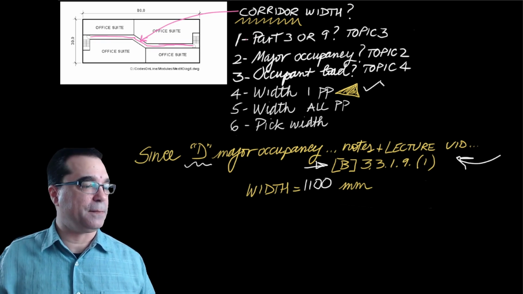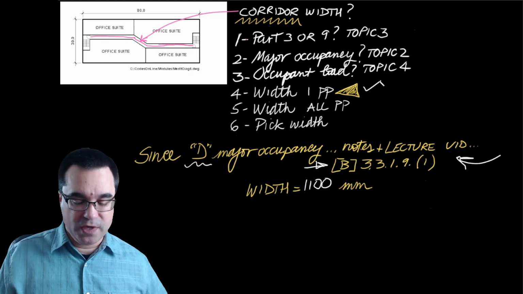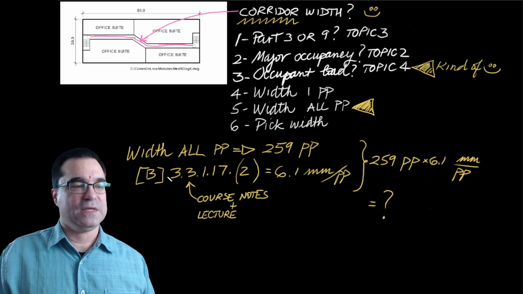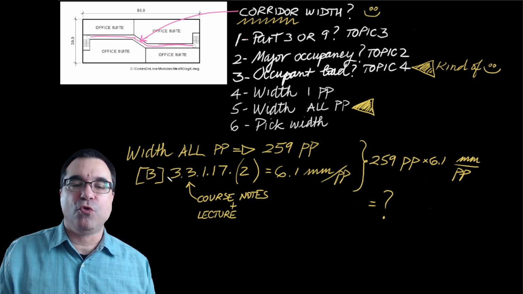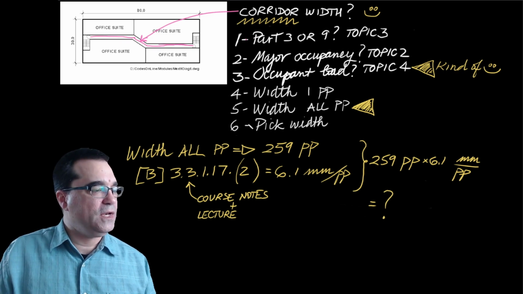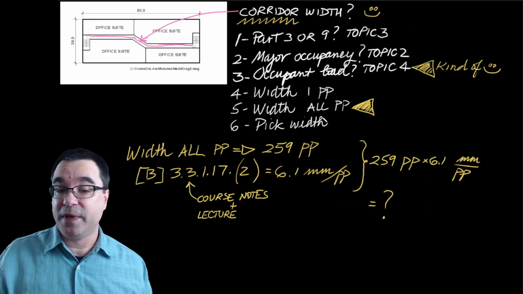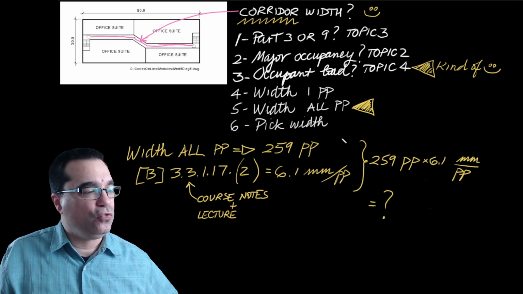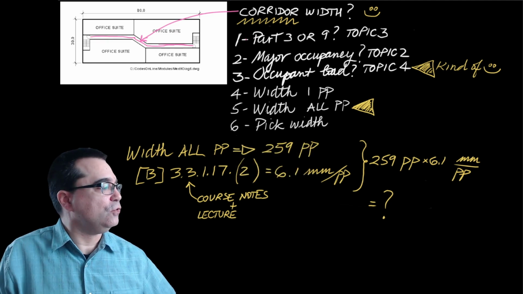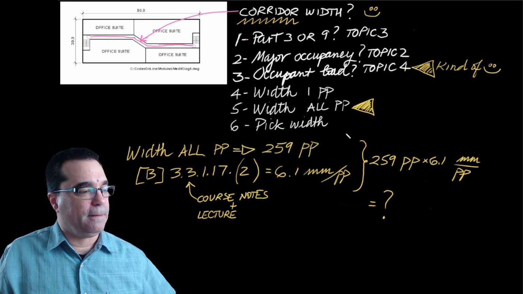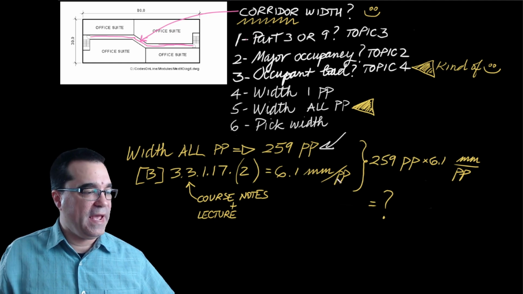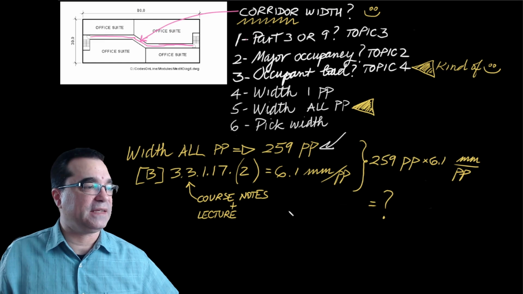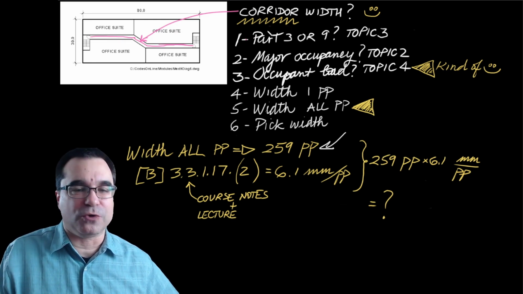Let's move on to step number 5, which is figuring out the width for all people to get through. Okay, so we've done step 4, now on to step 5. For determining what the width has to be for all people, we have to use the occupant load and what the major occupancy is, and the fact that it is a corridor.